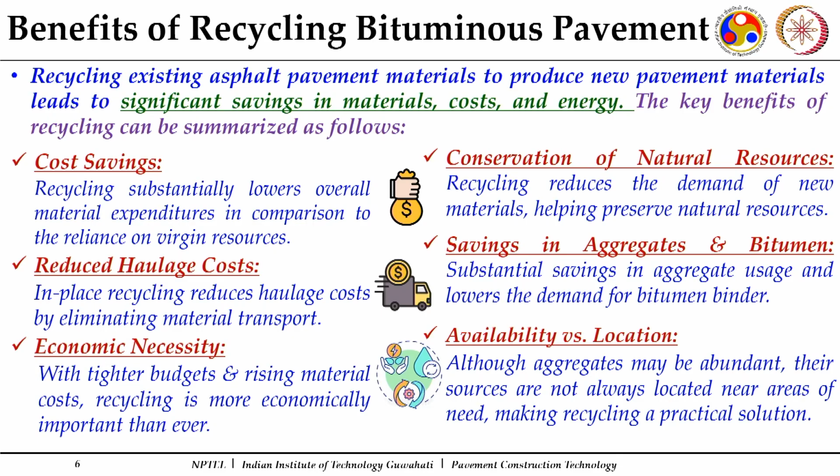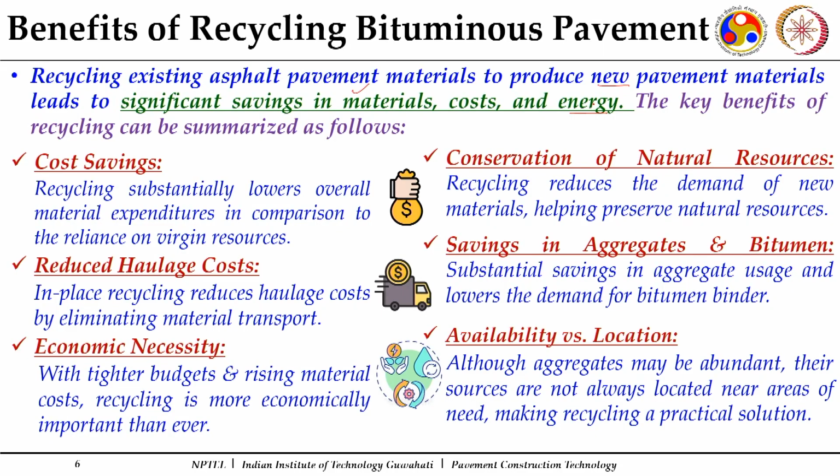Now, some of the things which have been put together: recycling existing asphalt pavements to produce new pavement materials leads to significant savings in materials. We can have savings ranging from 30 to 50% of the materials, cost and energy, because a lot of energy is required in the extraction or production of virgin materials, the crushing of the aggregates, and the production of the binder.